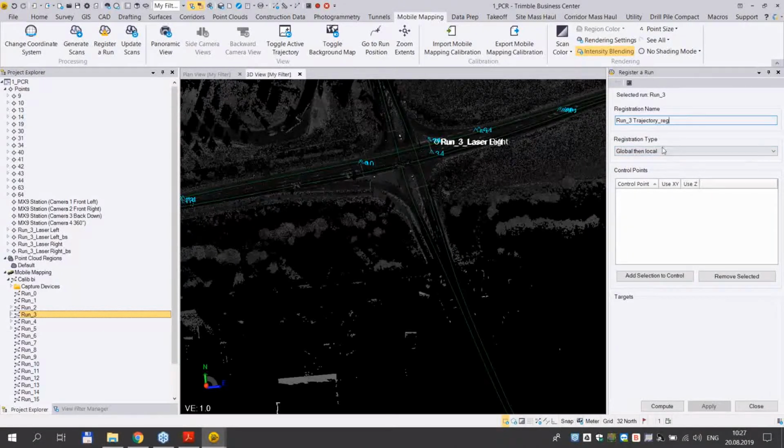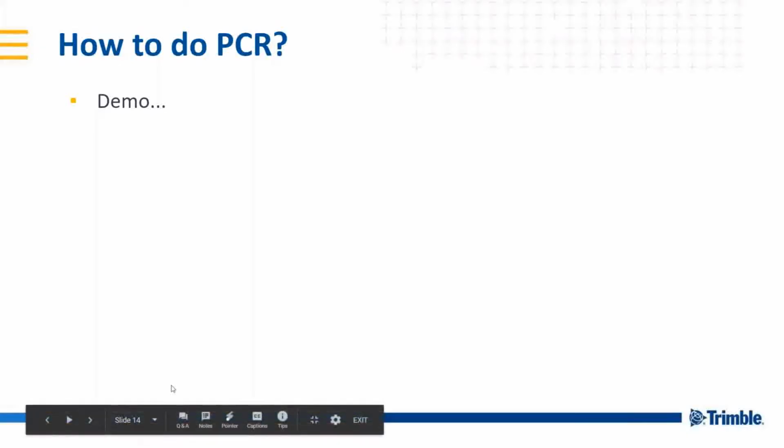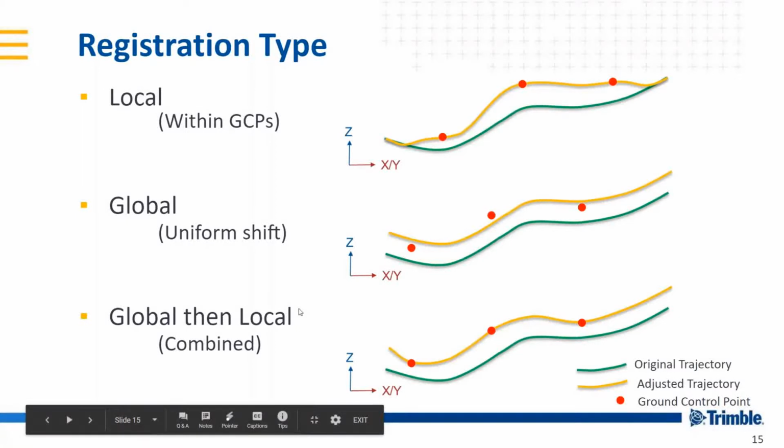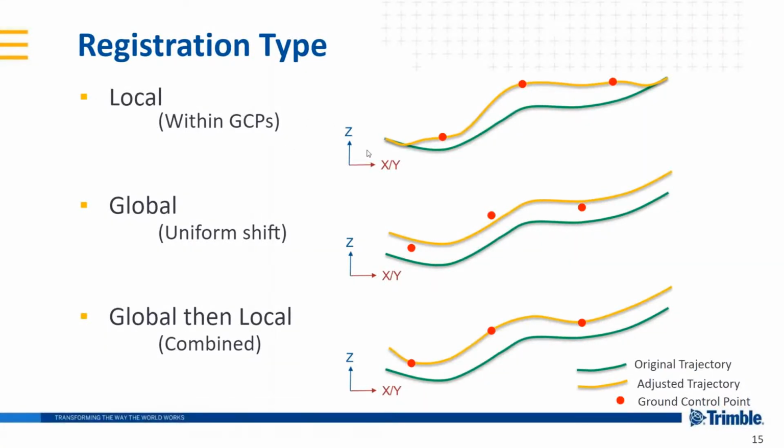scans. Registration type. In the previous version of TBC, we haven't had this option, and this is also a feature that has been for a while in the last release of TBC, meaning that we could identify or select different kinds of registration. I would like to jump to my presentation to briefly show the difference between them.